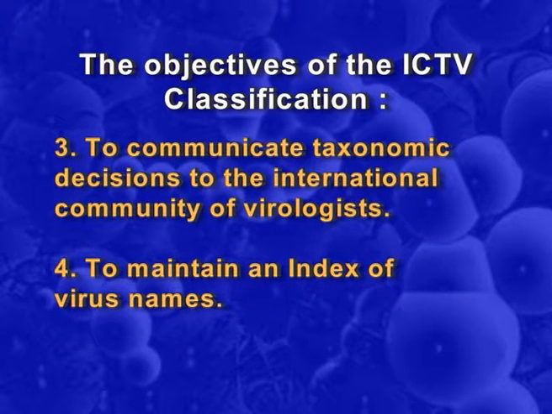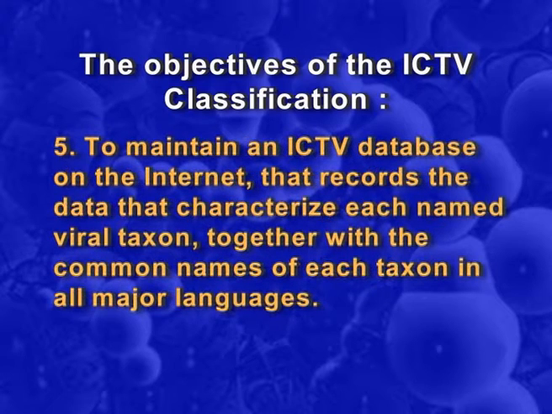They also were interested that whatever information is being put into the ICTV should be internationally acceptable to all the virologists who are working worldwide. To perform this, they created the database, as I mentioned earlier, that ICTV DB was regularly maintained and upgraded from time to time to keep the virologists working worldwide updated with whatever changes are occurring in this classification system.